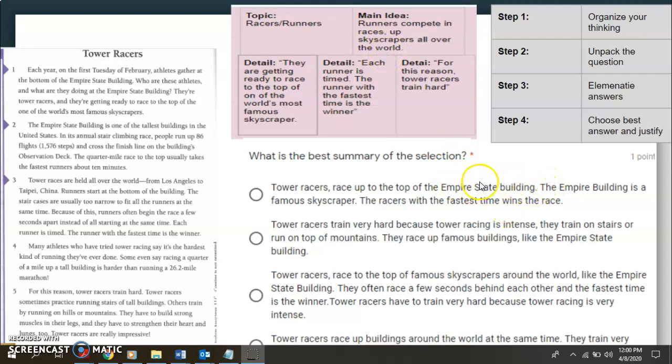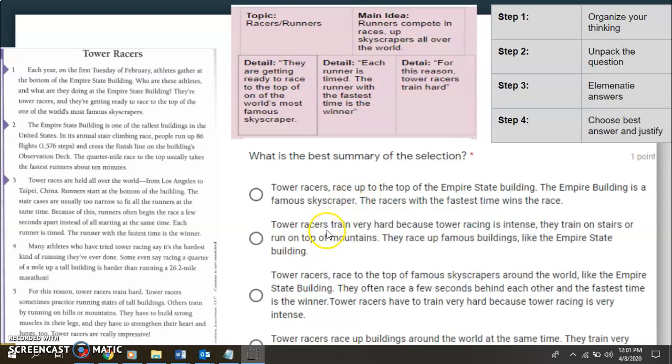So this summary is only focusing on the one location, where the whole text is talking about different locations. Because of this, and it only talks about them being the winner, they forgot how they train, so this could not be my best answer because it has a small detail and it is missing a detail as well.